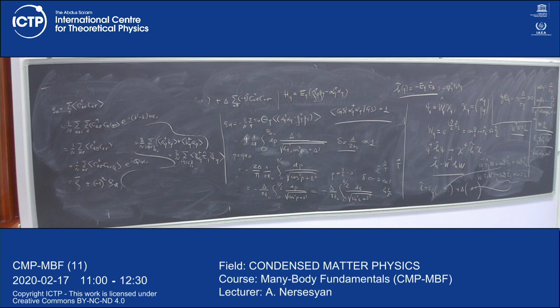It's a very slowly varying function, much slower than any power of the argument. Log of x goes something like this. That's a function which increases very slowly, much slower than any power.